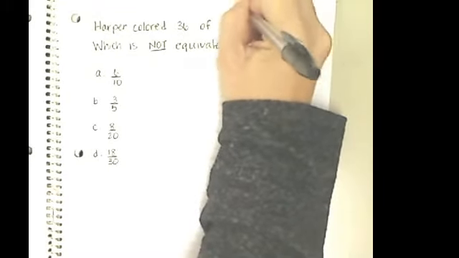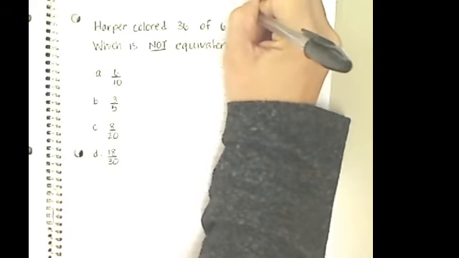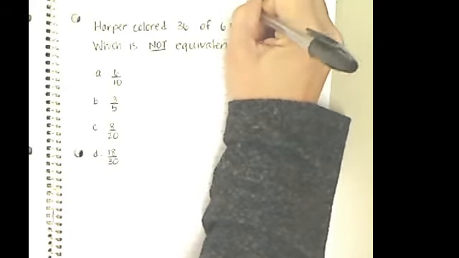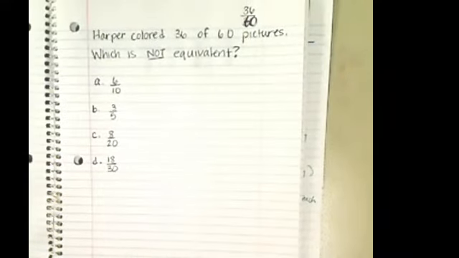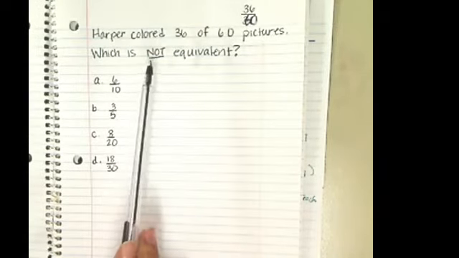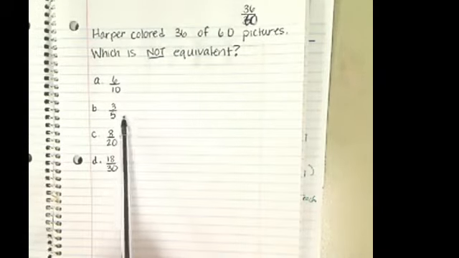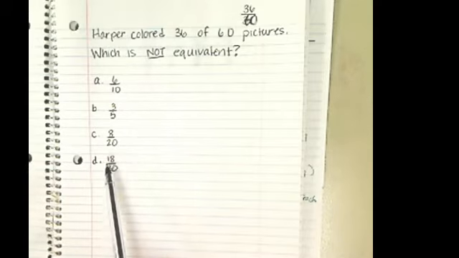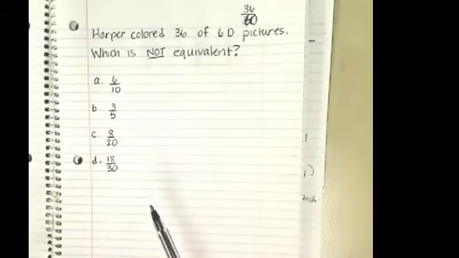So my fraction is 36 60ths. Whoops, the focus is going crazy. All right, so the question is asking which of these fractions right here is not equivalent to 36 60ths.